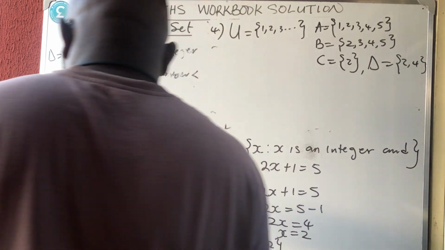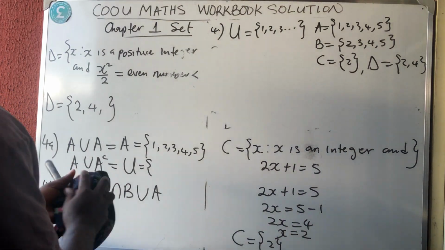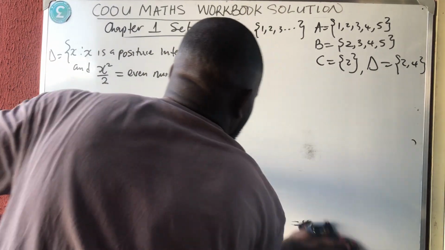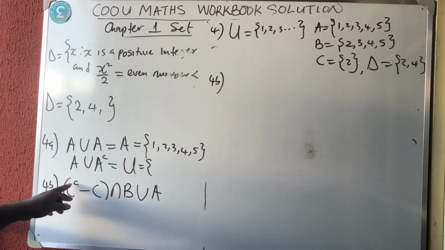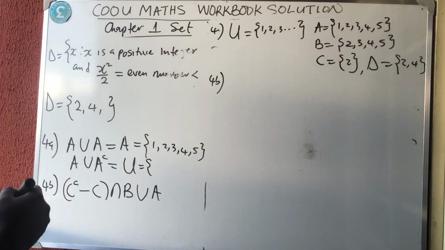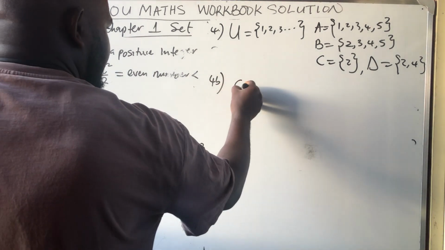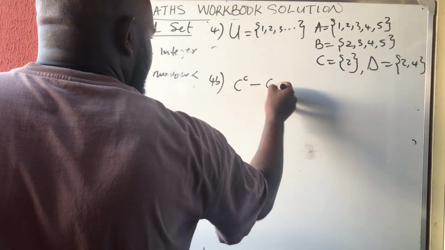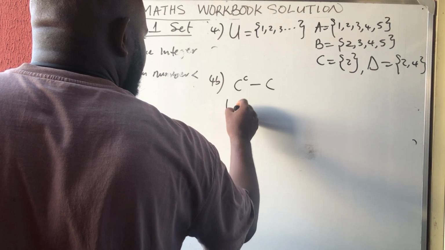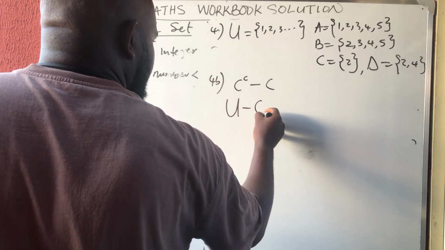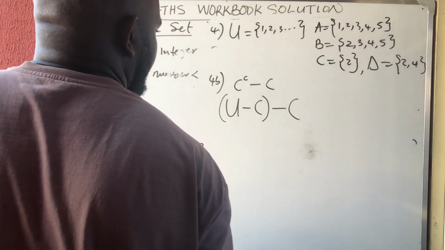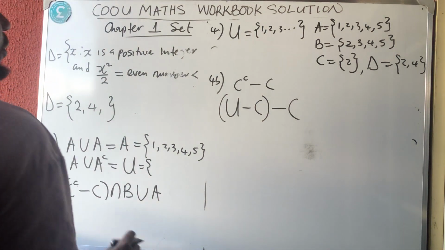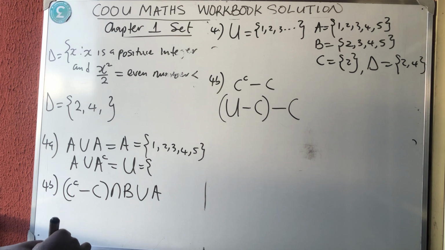So now we want to answer 4b. 4b said C complement minus C. Now C complement minus C first. C complement means the universal set minus C. Then minus C again.